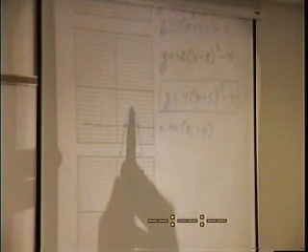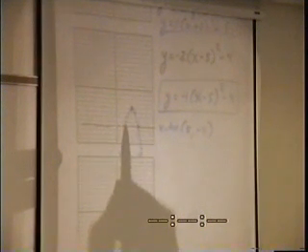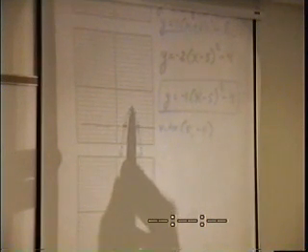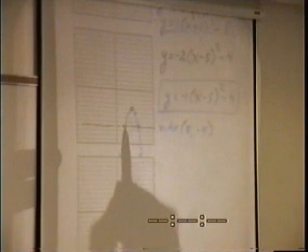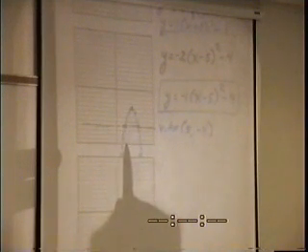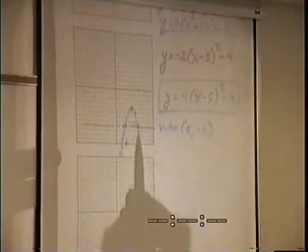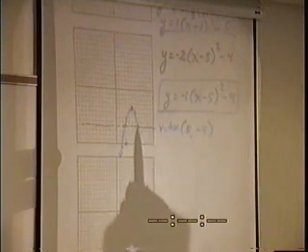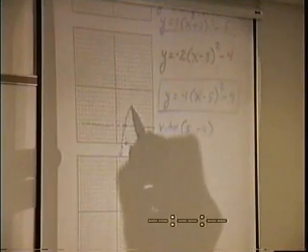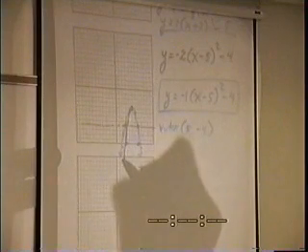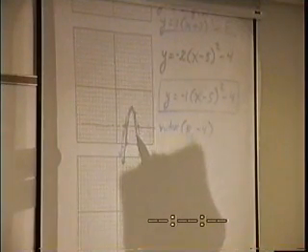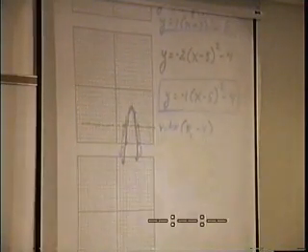Instead of going to 2, 4, or 2, -4, it's actually going to go to 8 instead. It's going to be twice as far. Everybody follow what I did? I'm going to stretch it, and it's going to look like this instead. That's a stretch.